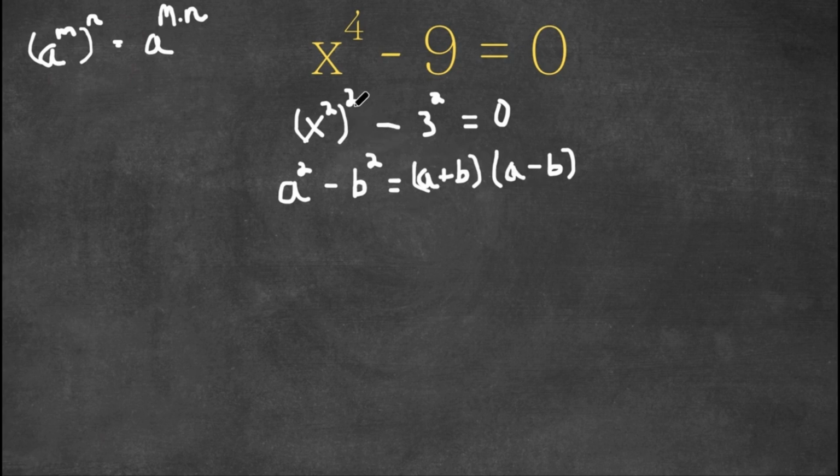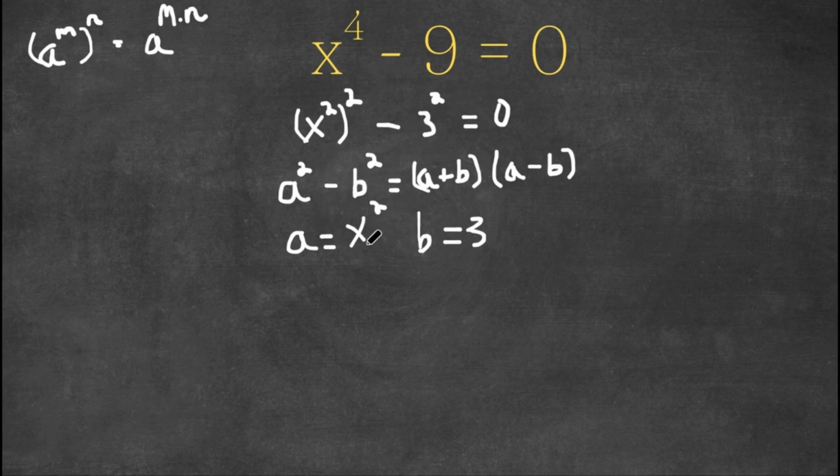So as you can see right here, what I've done is I've changed this equation to match up with a squared minus b squared. In this case, a is equal to x squared, and b is equal to 3. So we have x squared to the power of 2 minus 3 squared, and this is also equal to a squared minus b squared.